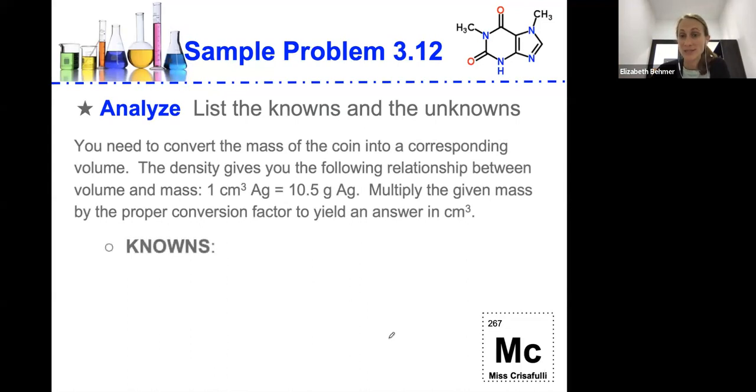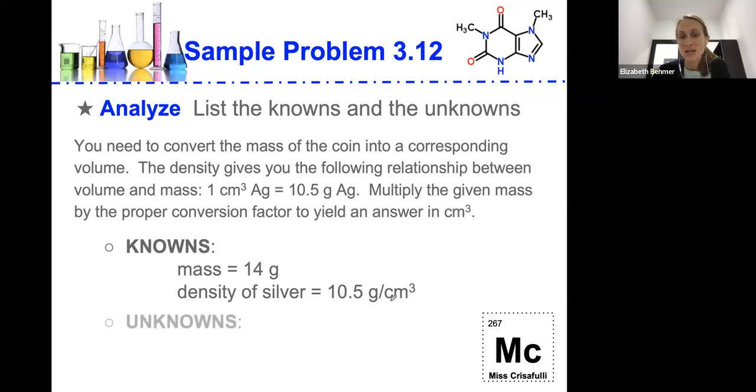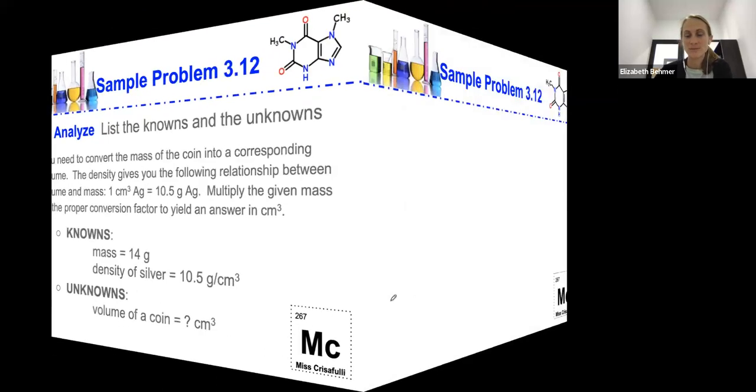So the knowns: we have a mass of 14 grams, and the density of silver is 10.5 grams per centimeter cubed. So we're going to multiply the given mass by that conversion factor to give us an answer in centimeters cubed, because we want to know the volume of the coin in centimeters cubed.